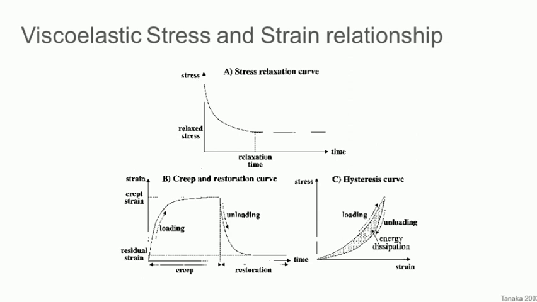Because with this kind of object or relationship, time is needed to relax from a given position, the stress relaxation. You need time for that. You need time also to change the shape of such an object. And when you release the pressure, the stress on that object, you also need a little bit of time to restore the original size and shape of this object.